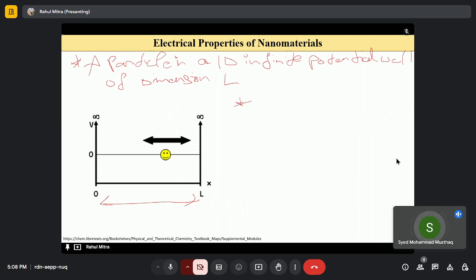So let's write our assumptions. The potential energy is represented as V here.